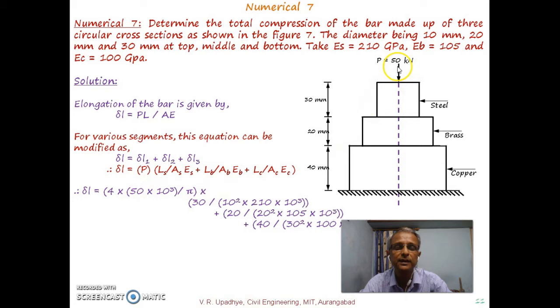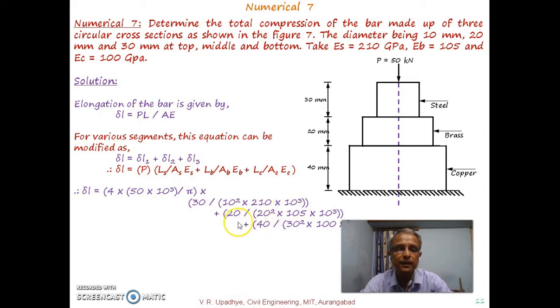So 50 kilonewton is given, converted into Newton. And then what remains inside is L divided by A. For steel, length is 30, diameter is 10, so pi by 4 d square, so 10 square into its Young's modulus, 210, converted into Newton per mm square.